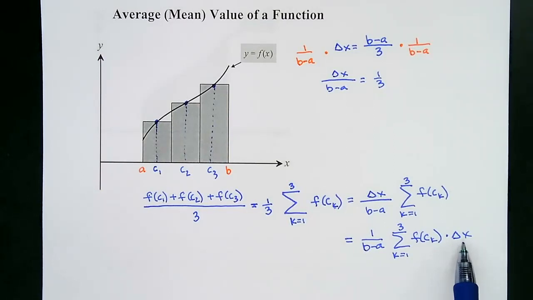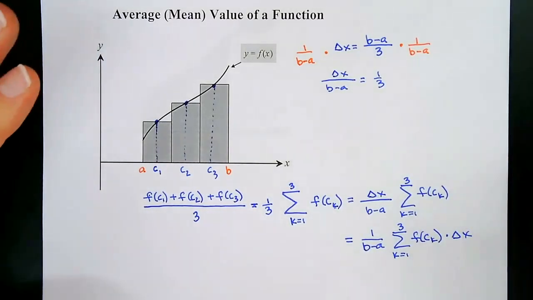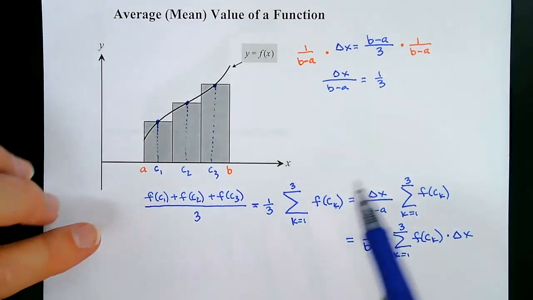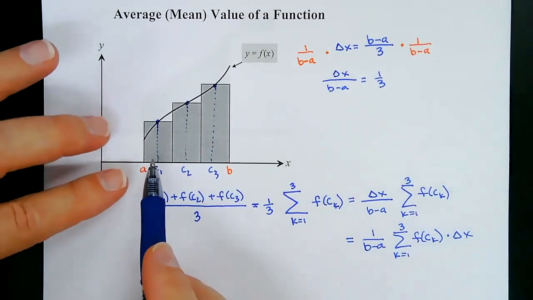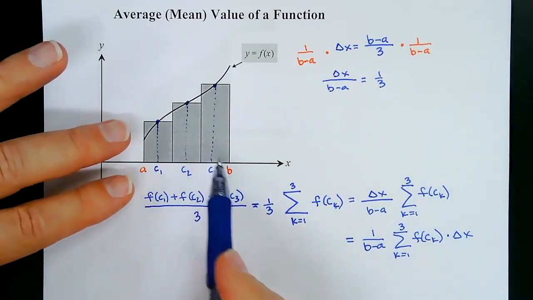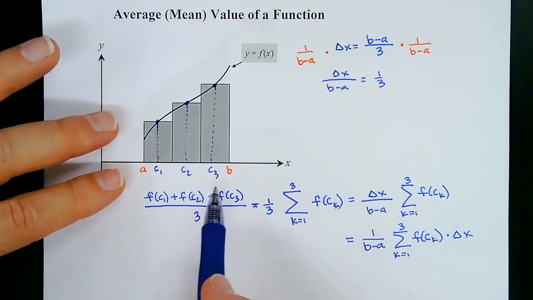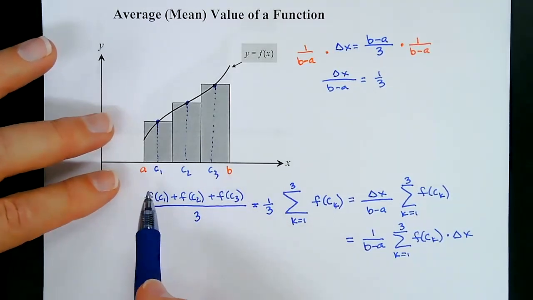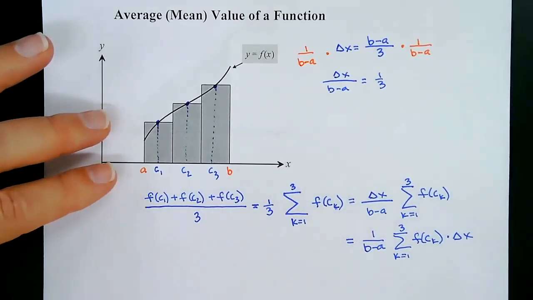of the rectangle. So if I found the average value of these, I could do it like this: add these 3 values and divide by 3. But this is saying something different. This is saying if I get the area of these rectangles and add them up, and I multiply that by 1 over the upper limit of integration minus the lower limit of integration, or right endpoint and left endpoint.